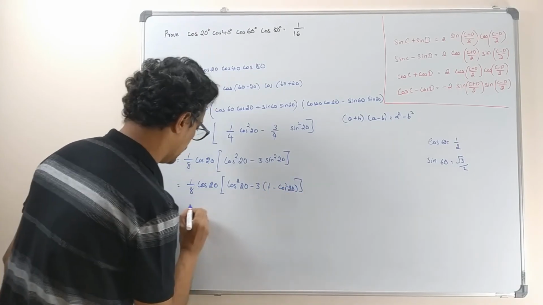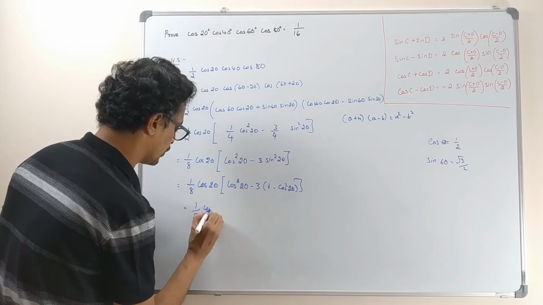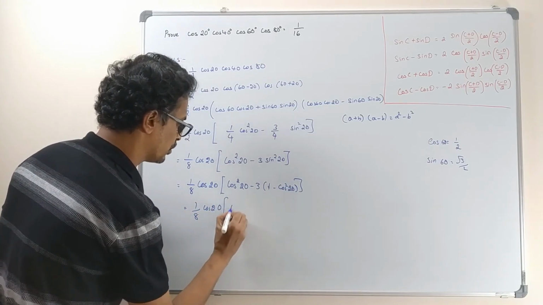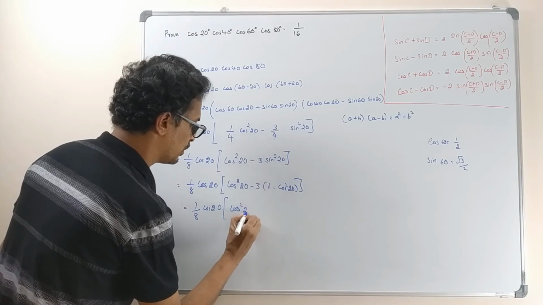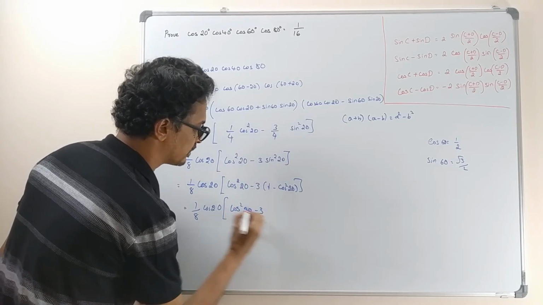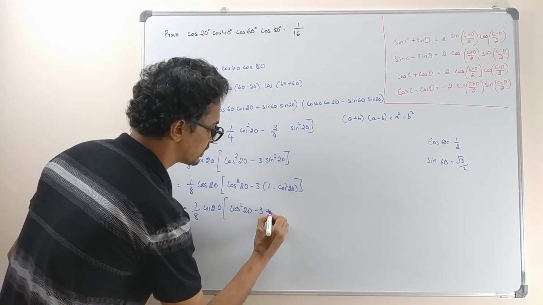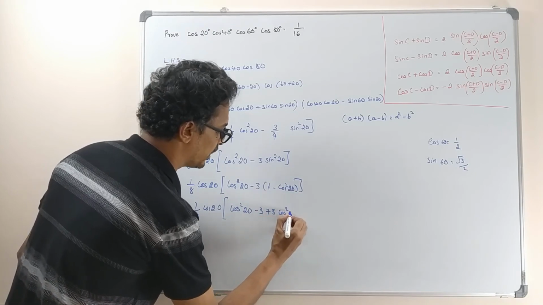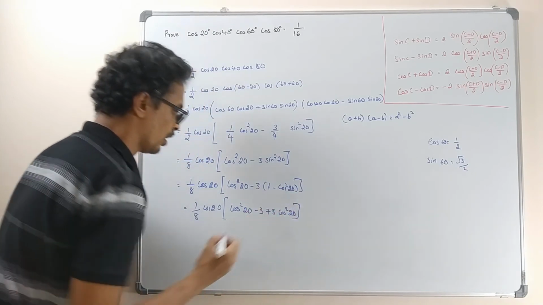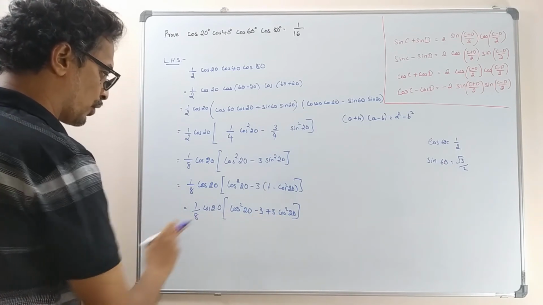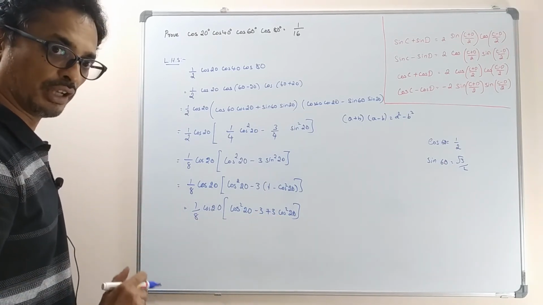So let us open it up. So 1 by 8 cos 20 into cos square 20 minus 3, correct? Plus 3 cos square 20. So this will become 4 cos square 20 minus 3. Correct?